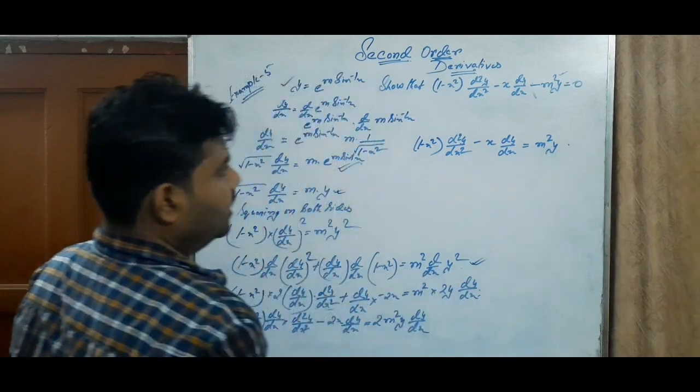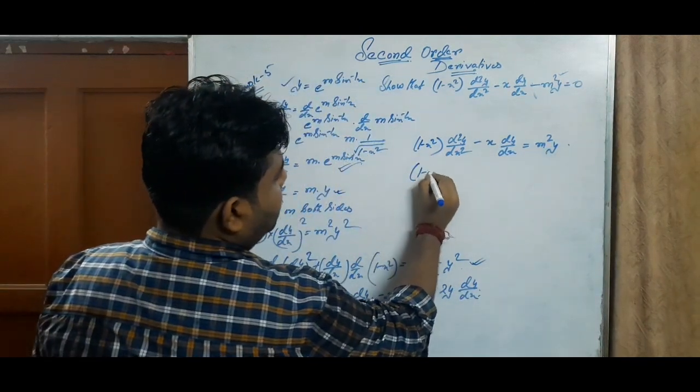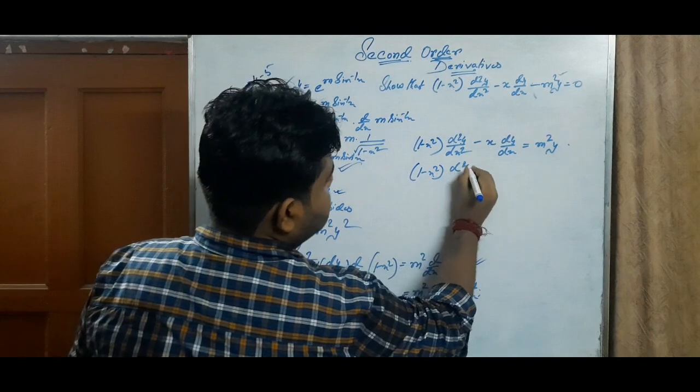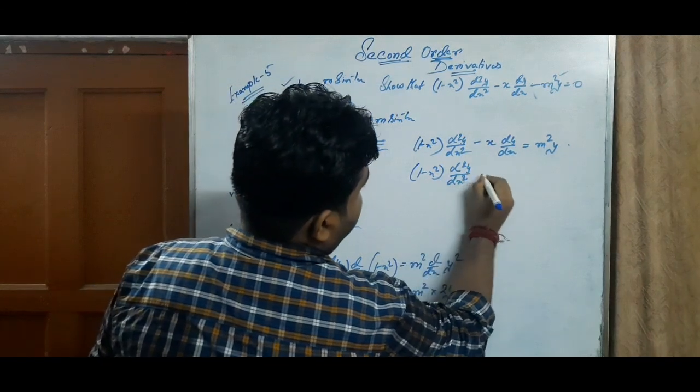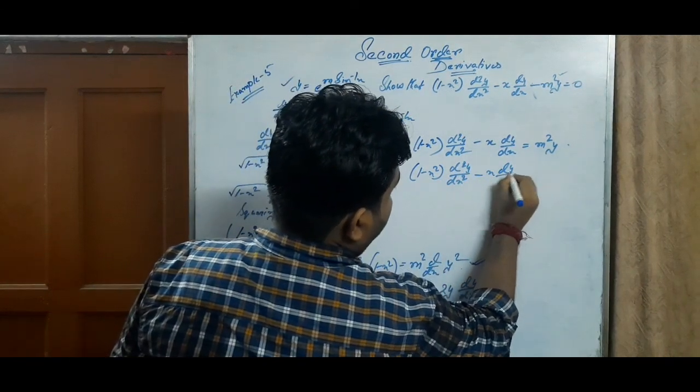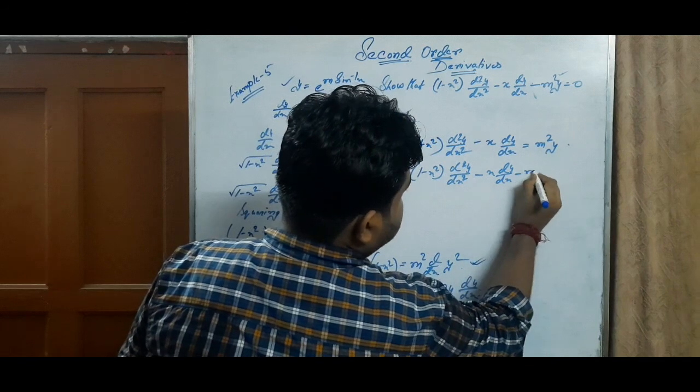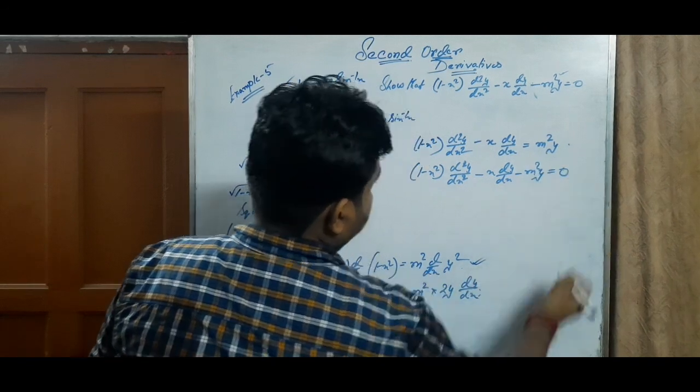Now that is 1 minus x square d2y by dx square minus x dy by dx minus m square y equals 0.